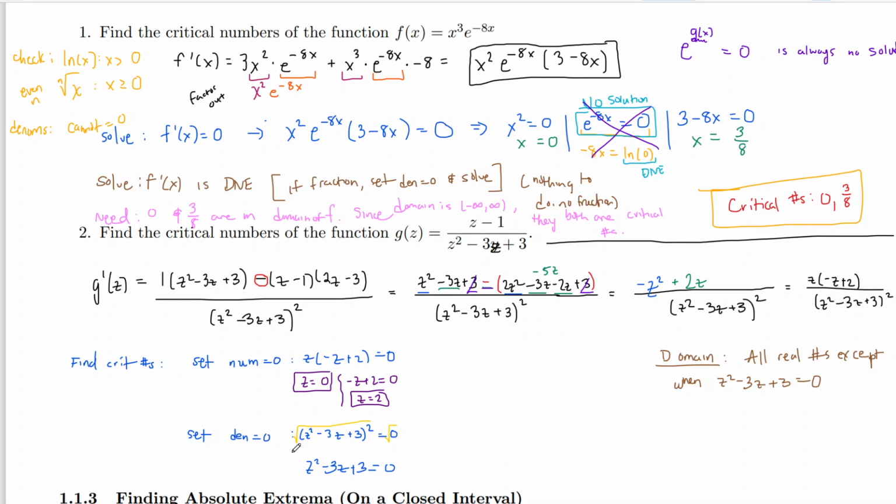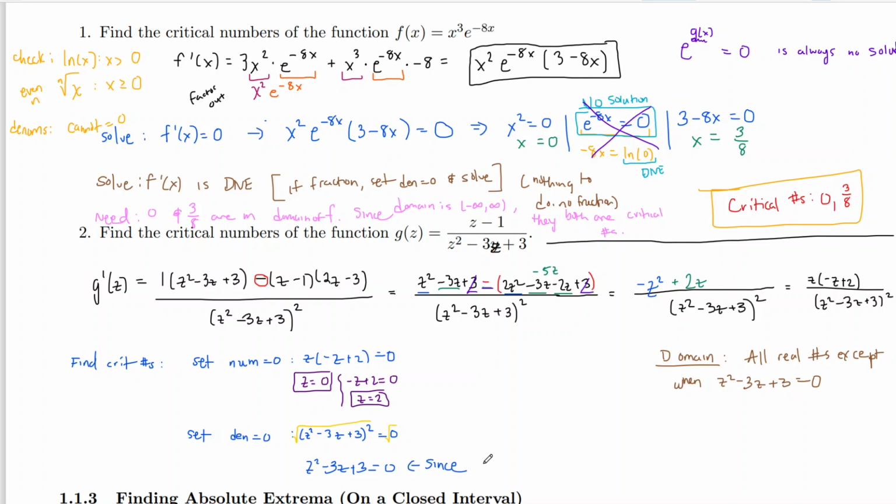And remember, we're solving for a critical value here. Well, we're solving for a critical value, but we're going to throw away anything that breaks this. Anything that satisfies z squared minus 3z plus 3 equals 0 is not actually going to be included. And that's the same equation here.